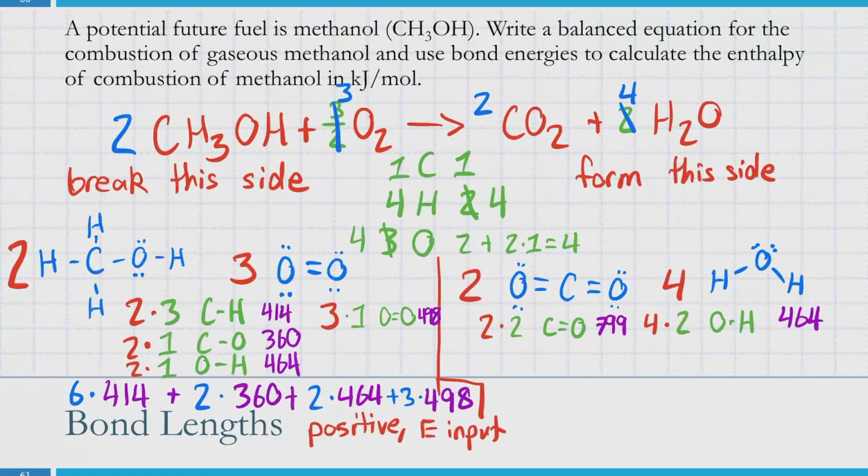So add all of that together. That's the amount of energy we have to put in to break the bonds. On the product side, we've got 4 times basically 800 plus 8 times 464, and this value is negative. That's the energy released.